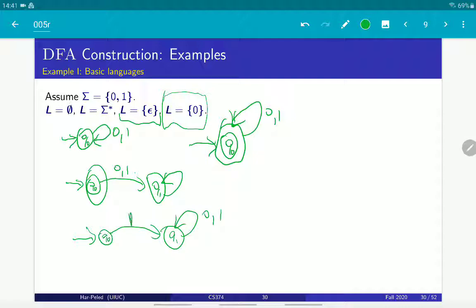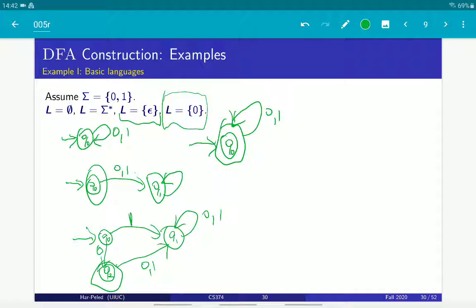So this is if you get 1, and if you get 0, you should accept. So we're going to have an accept state. Let's call it Q2, I guess. Right, and from Q2, whatever we get, we go to the hell state and stay there. And so this is the language 0, right?